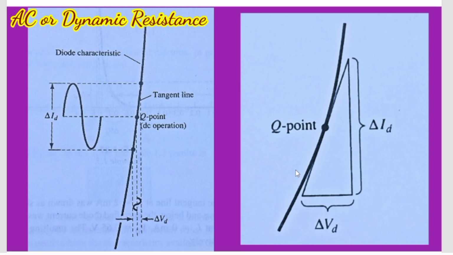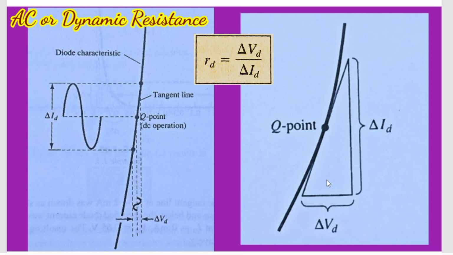An effort should be made to keep the change in voltage and current as small as possible and equidistant to either side of the Q point. In equation form, RD equals delta VD upon delta ID, where delta signifies a finite change in the quantity.